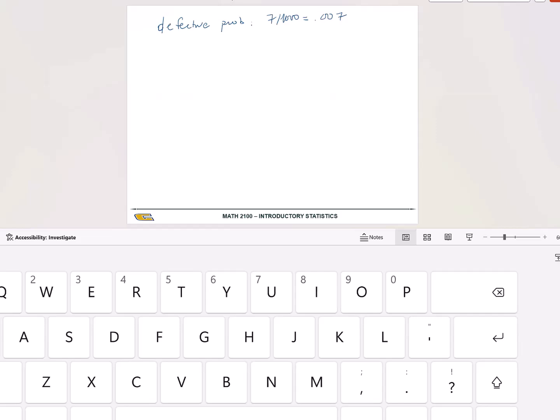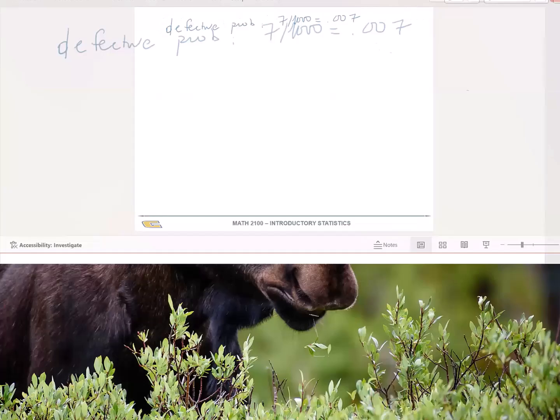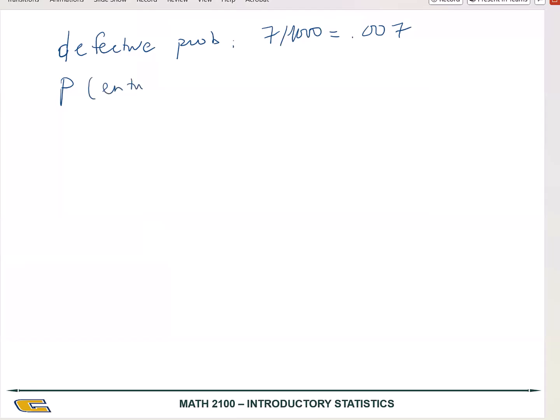And if the whole mini batch is good, the entire batch can be shipped, right? So in A, you find the probability that the entire batch, which is the whole 1,000 ducks, can be shipped, right? Okay.